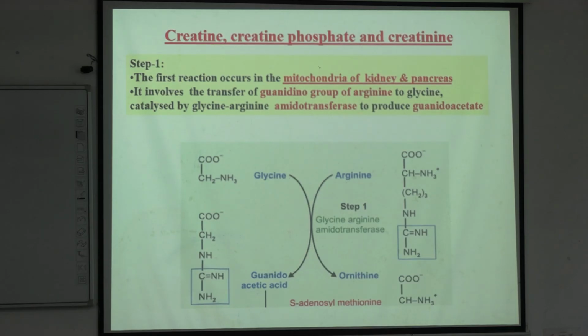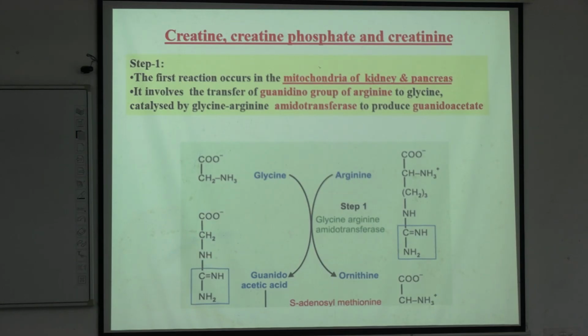Yesterday during the urea cycle, I told you that this particular structure was there in the arginine. By the arginase enzyme, this structure was removed and urea was produced. So this is a guanidino group. That guanidino group is transferred to this structure, and guanidoacetic acid is formed.